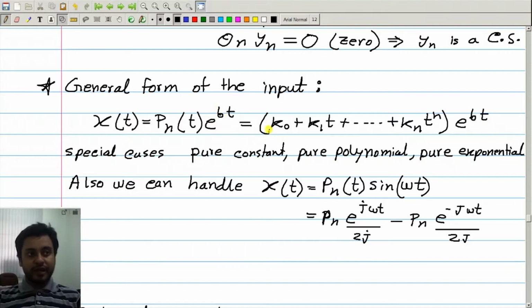This polynomial looks like k0 plus k1t plus up to kn t^n, whole multiplied by e to the power bt. So this is an n degree polynomial.